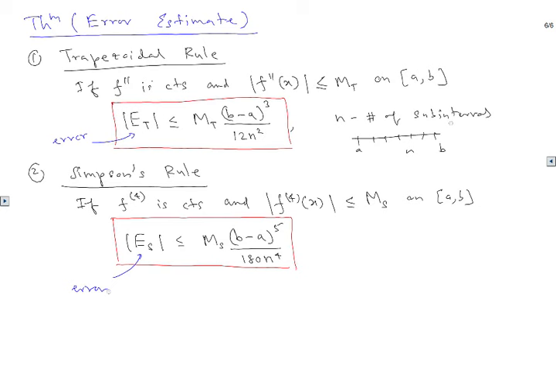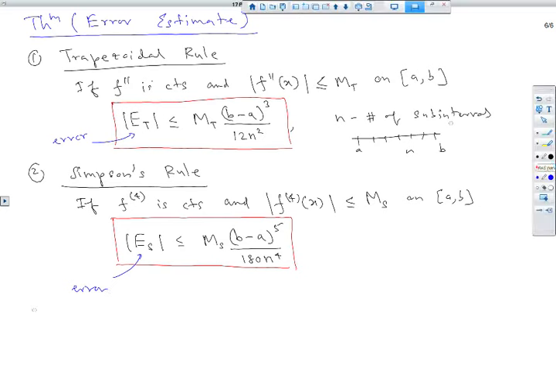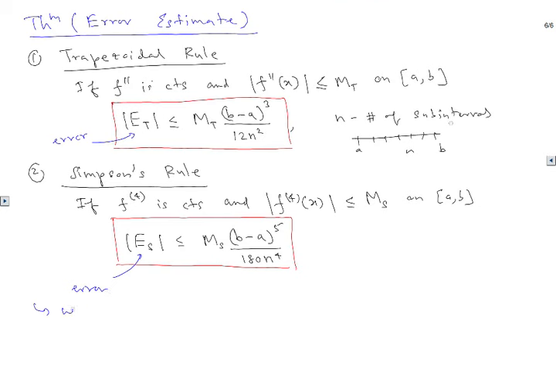And you can see, and this is important, that when n gets large, the error gets small. So when n is large, the error is small. That's what this says as n gets larger and larger.